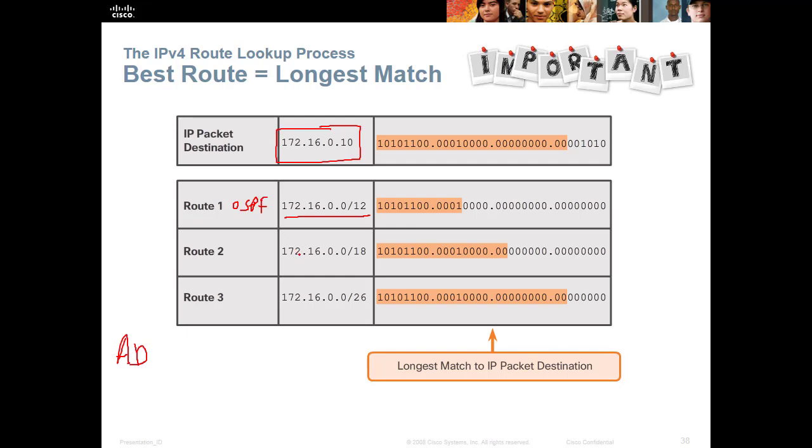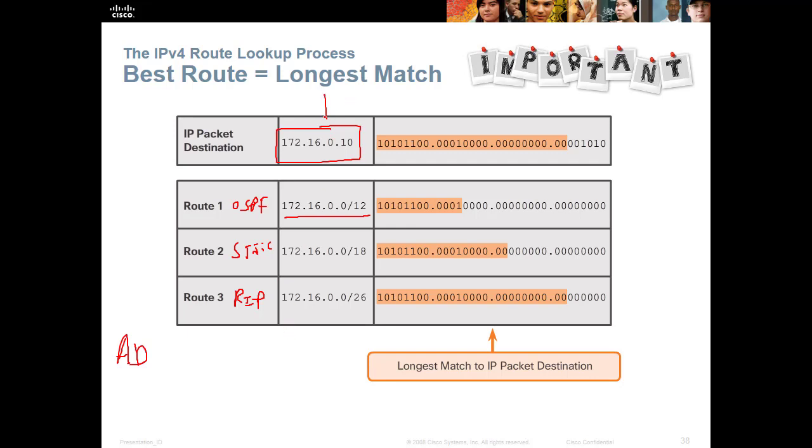Then I have the network 172.16.0.0/18, and this network was learned through static, manually configured. Then I have the network 172.16.0.0/26, and this was learned through RIP. And all three of these routes are in my table at the exact same moment because they're technically different routes. They're different network statements.